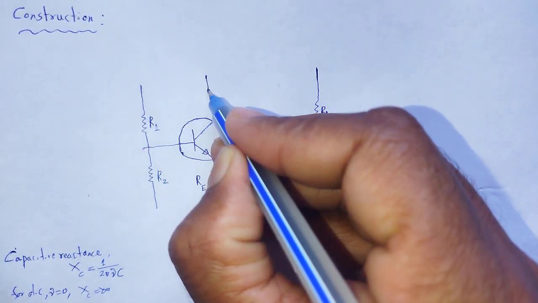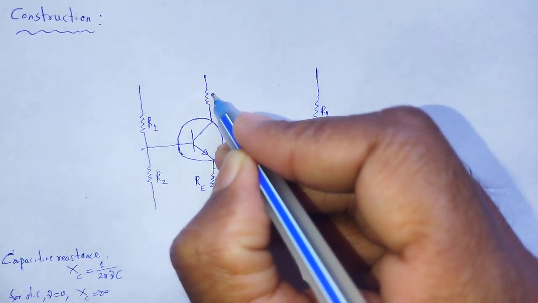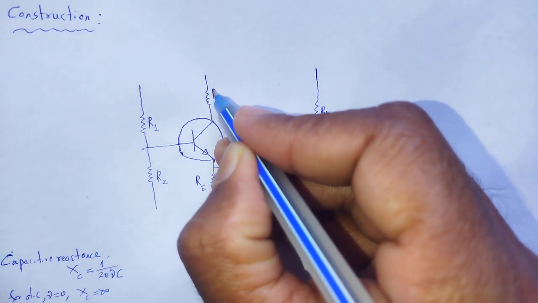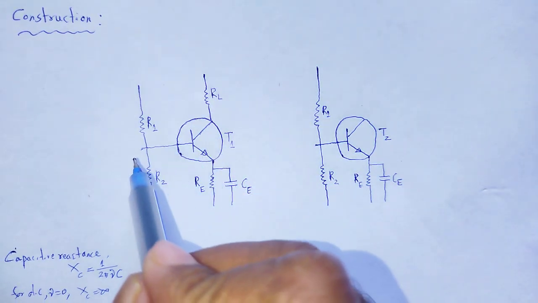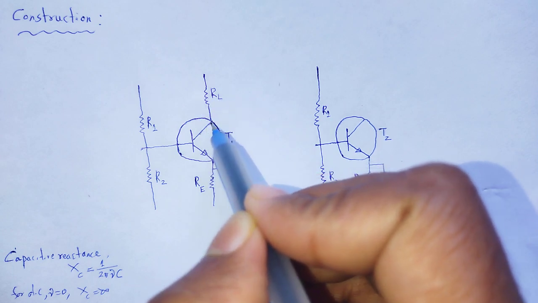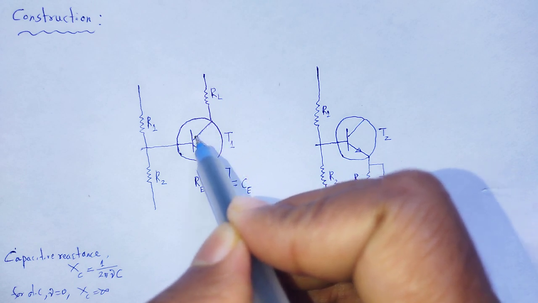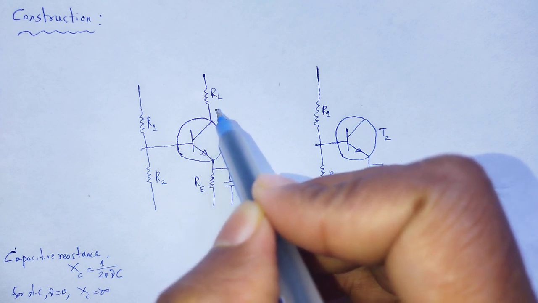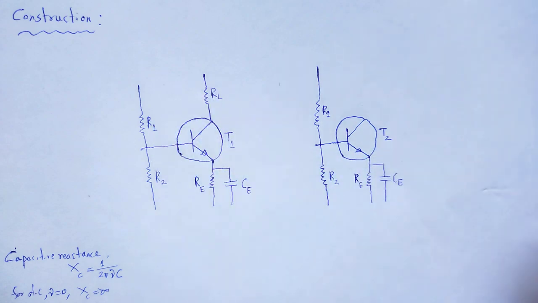Here a resistor RL, and the output through the collector is measured across RL.